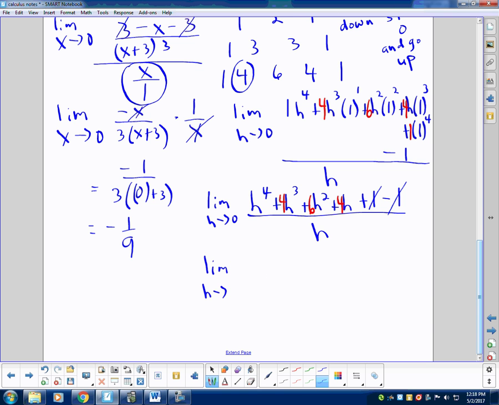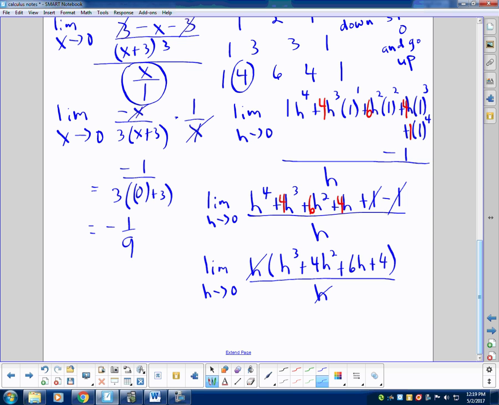What else will factor out and then cancel out? Do you see it here? H, I can pull an h out. I'm left with h to the 3rd plus 4h squared plus 6h plus 4 all over h. So it's going to simplify even more. The h's cancel out.